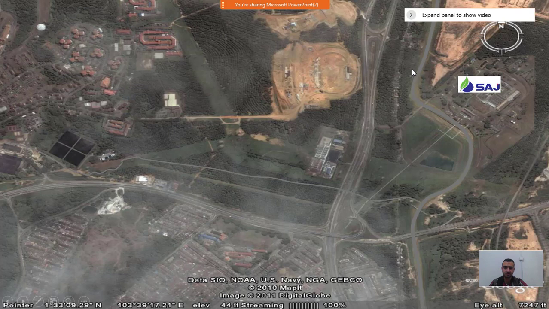This river is running from up to down. The wastewater is discharged here, so this is the direction of discharging wastewater, and this is the direction of the river's flow. Now here is the discharge point and here is the intake point.